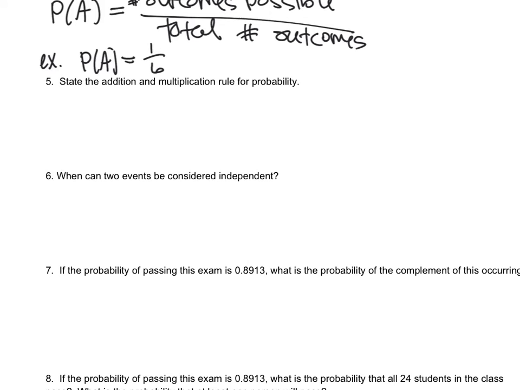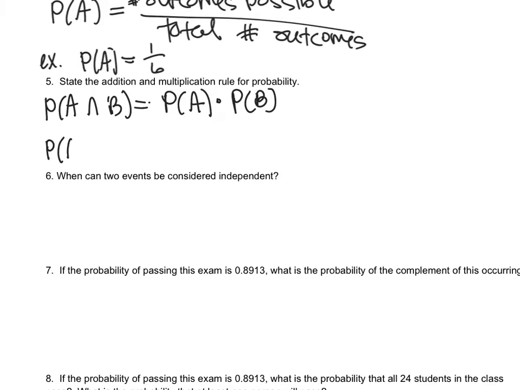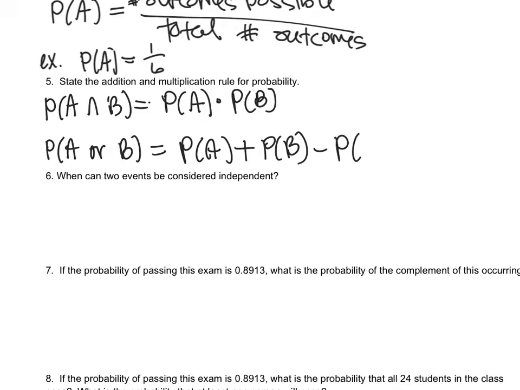Next, we're going to go over the addition and multiplication rules. So the multiplication rule, which is the probability of A and B occurring, is going to be the probability of A times the probability of B. The addition rule, so the probability of A or B, as long as they're independent, it can be the probability of A plus the probability of B. But if they're not independent, we then have to subtract the probability of A and B, which is where the probability of both occurring.